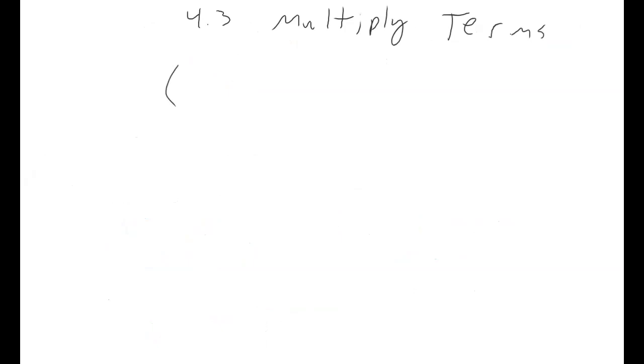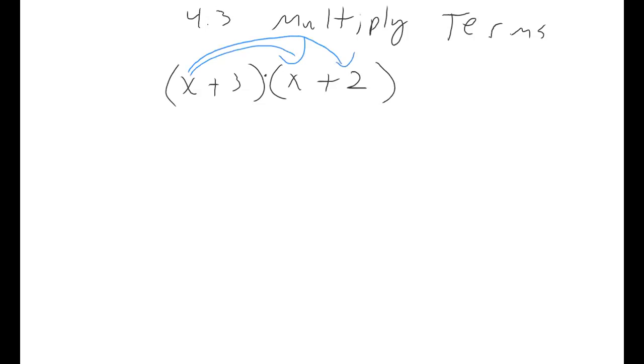I have x plus 3 times x plus 2, right? I have a times here because the two parentheses are touching, so I'm not combining terms. I basically am distributing the first thing through everything, and then I'm distributing the second thing through everything.